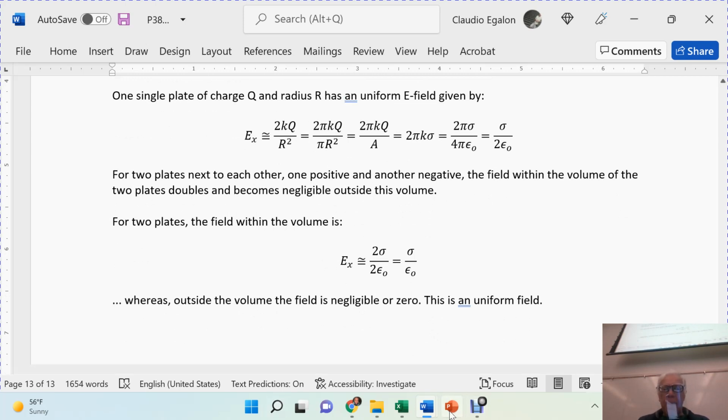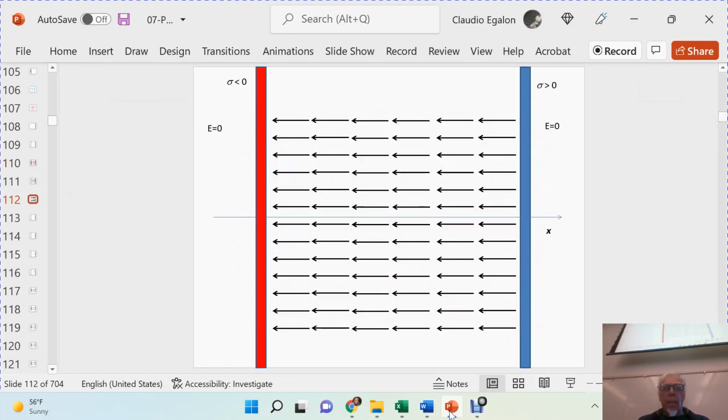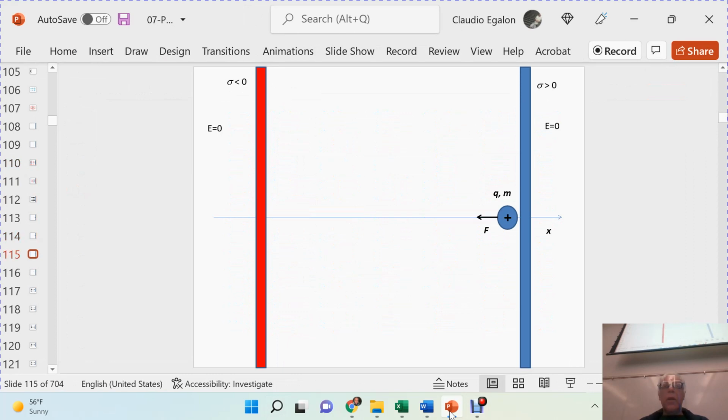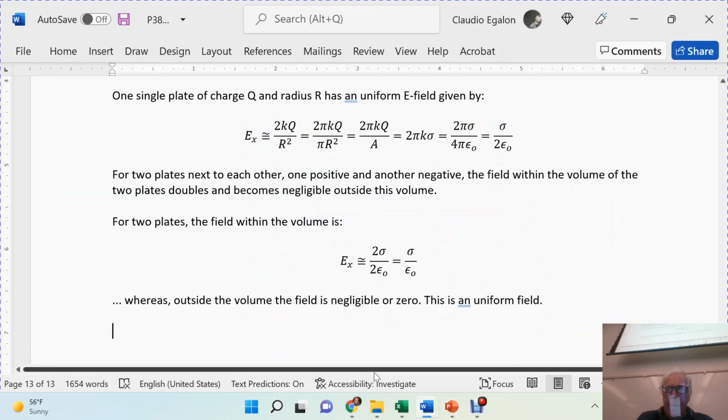Okay, and now, because it is a uniform field, the force applied to an electric charge within this volume is going to be constant. Okay, the force, because the field is uniform, and what does uniform mean? Constant in space, right?